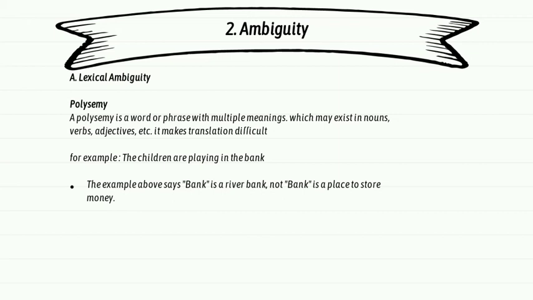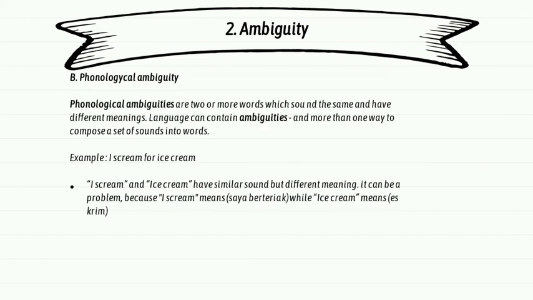Next, and the second is phonological ambiguity. Phonological ambiguities are two or more words which sound the same and have different meanings. Language can contain ambiguity, with more than one way to compose a set of sounds into words. Example, I scream for ice cream.